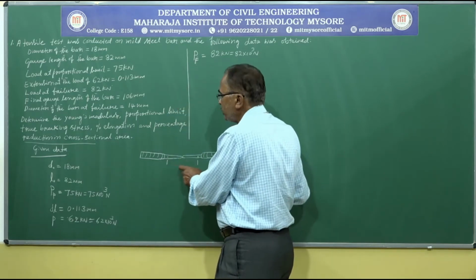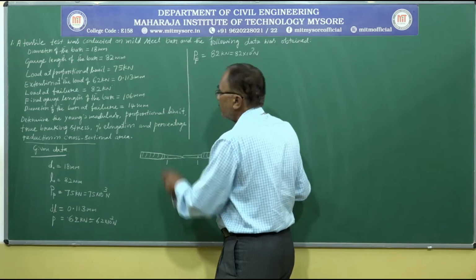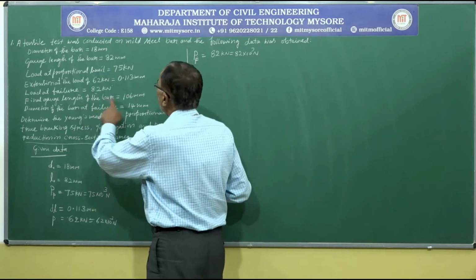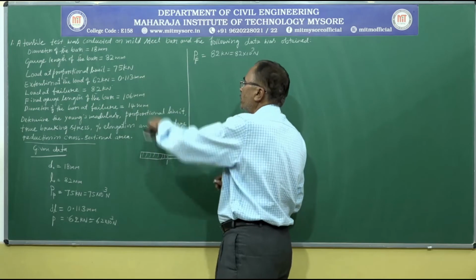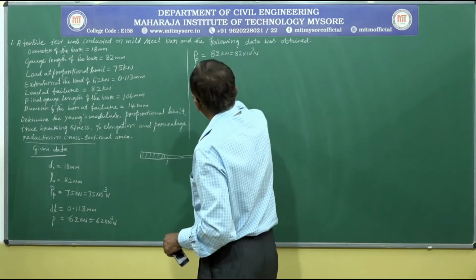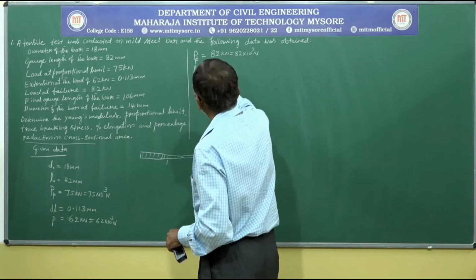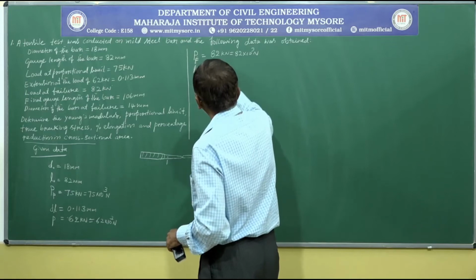At the end of the test, this is the final gauge length of the bar. Let us call this L. L is equal to 106 millimeter.